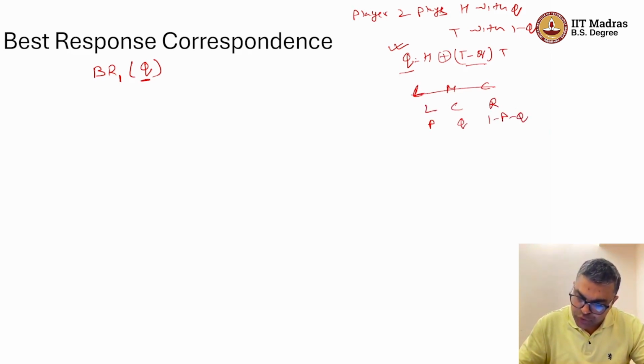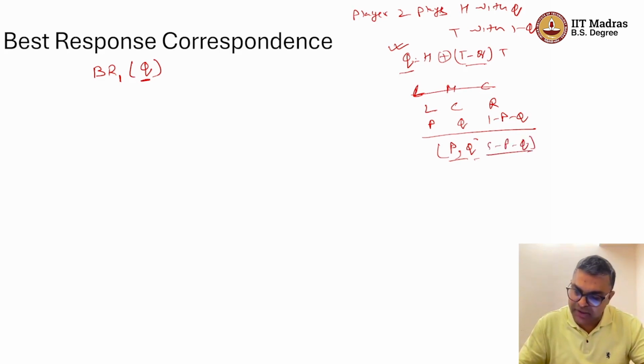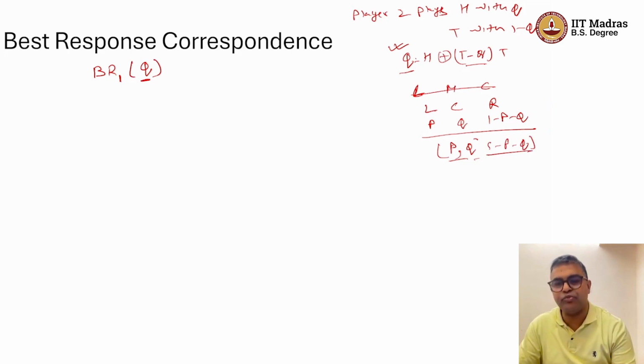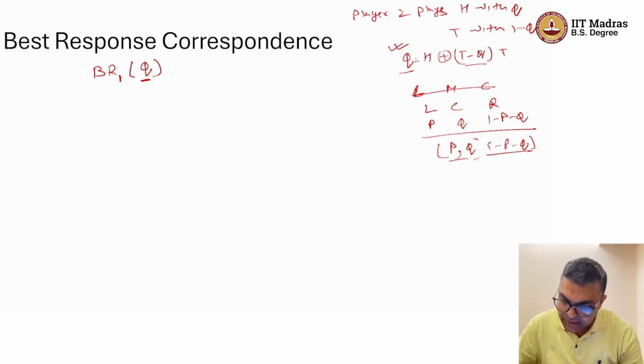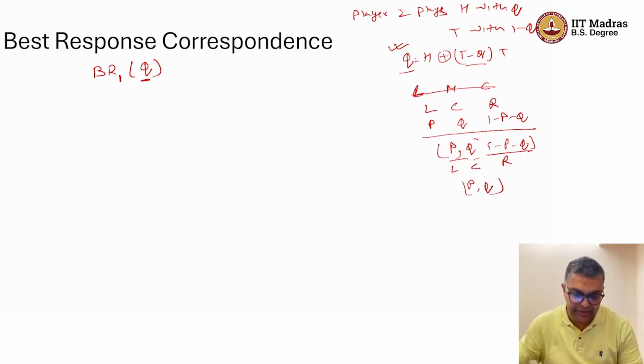Then of course, to describe these strategies we have to write p and q, because the third one has to be 1 minus p minus q, as the sum has to be equal to 1. We can say the first probability is for L, the second is for C, and the third is for R. By writing p and q, we are able to describe it completely. So we are just writing BR1 as a function of q.